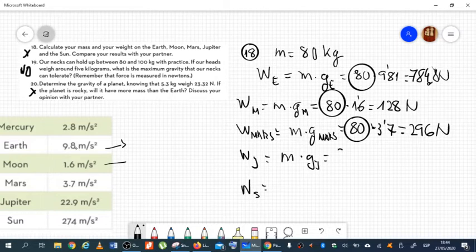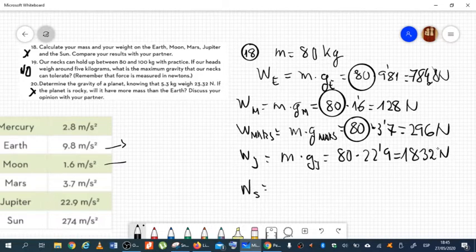So 80 multiplied by 22.9 is equal to 1832. Yes, this is the number. So your weight on Jupiter, if you were to go to Jupiter, would be very large, and your legs maybe couldn't move you.